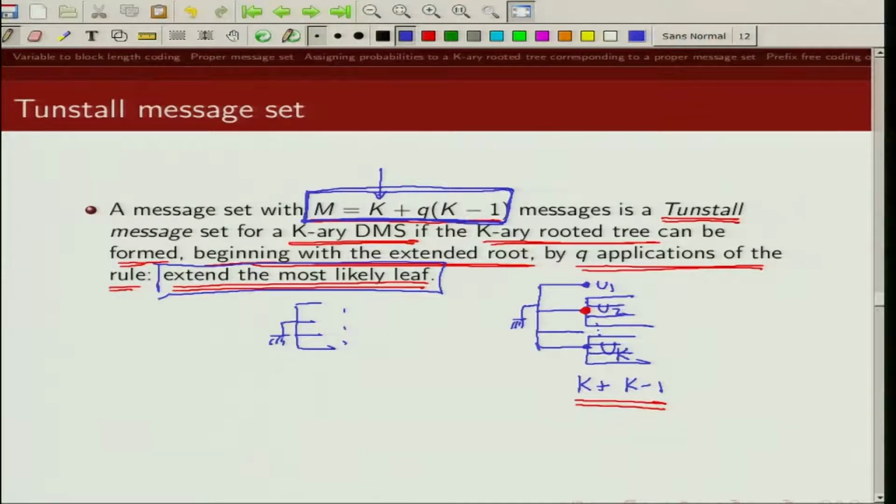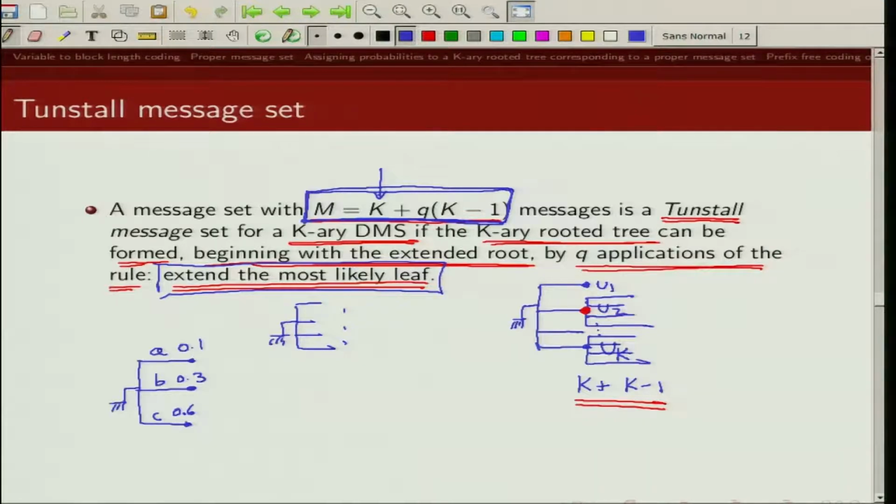If you do that, then that's a proper message set. So let us take an example. Of the ternary message set that we had, let's say this was A, this was B, this was C, and probability of A we took as 0.1, probability of B as 0.3, probability of C as 0.6.